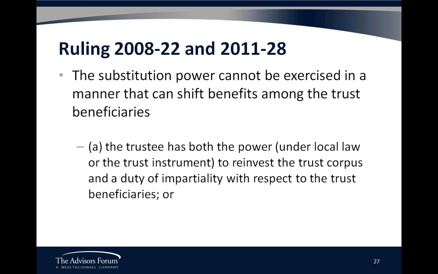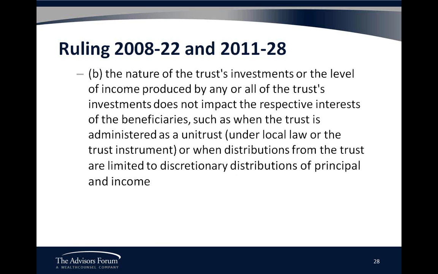And what does that mean? Well, it means that the trustee has both the power under local law or the trust instrument to reinvest the trust corpus in a duty of impartiality with respect to the beneficiaries, or that the nature of the trust investments or the level of the income from those investments do not impact the respective interests of the beneficiaries. And then it throws this one in there, and this is about it. This is a throwaway, I guess. If the trust is administered as a unitrust.